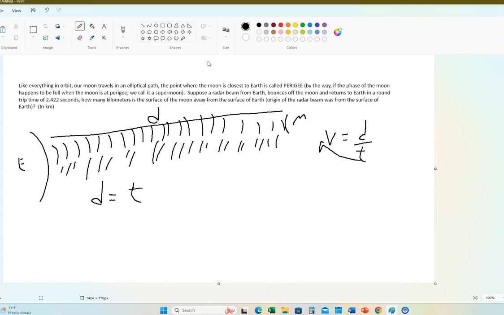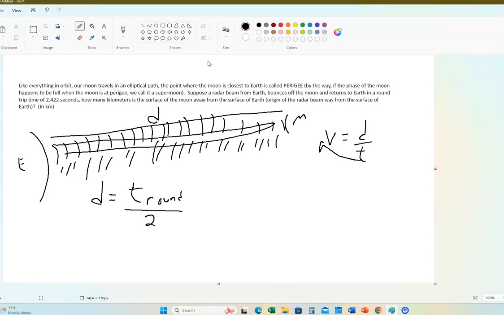But it's not the round trip time, it's the round trip time divided by 2. Because we don't want to know the distance to get to the moon and come back. We just want to know the distance to get to the moon.